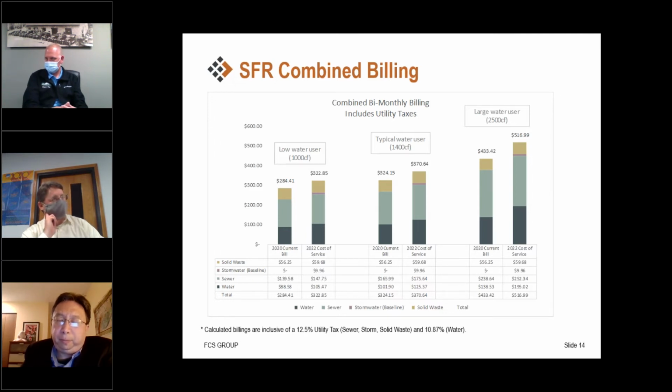So one of the options that we talked about during this process was that we were checking with our utility software company. And they do have an option, kind of like the PUD does, where they spread it out over 12 months and then every month they true it up. And so we were looking into that more. That's the good news. The bad news is they don't have that feature used by any of their customers right now.